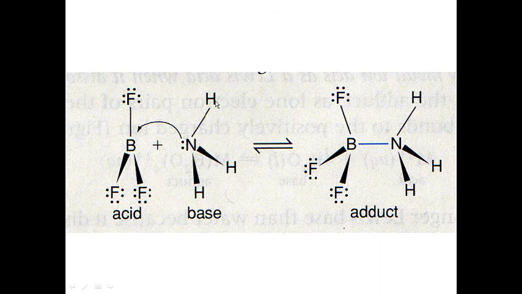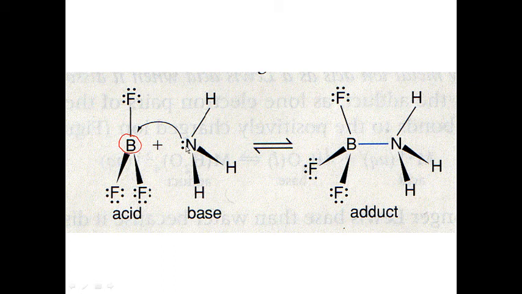Here's an example of a Lewis acid base. If I take BF3 and I react it with ammonia, here are my two Lewis dot structures for these two molecules. Now, boron is an exception to the octet rule because it's a group 3 element, which means it can share 6 electrons, and it's perfectly happy to do that. Although it'd probably be happier if it could somehow complete the octet. But it can't complete the octet by itself because it only came with 3 valence electrons, so the most it can share is 6.